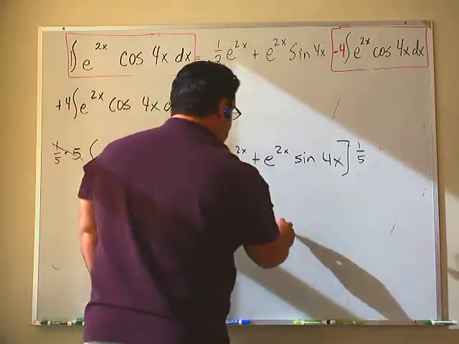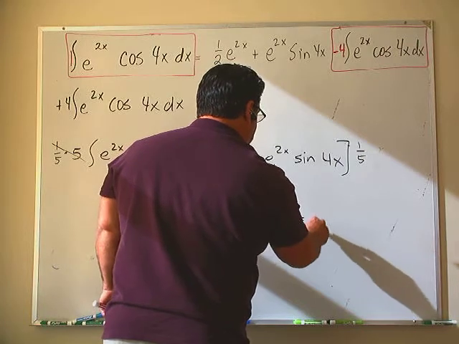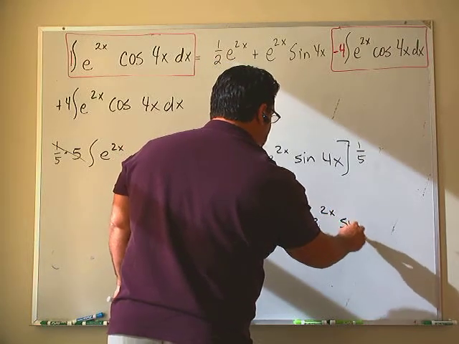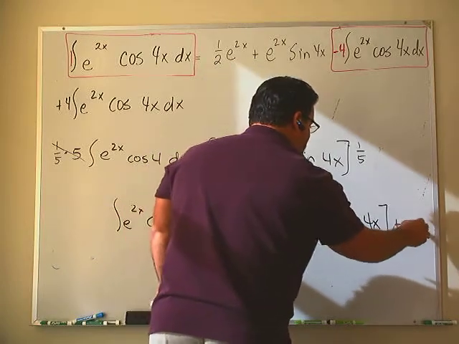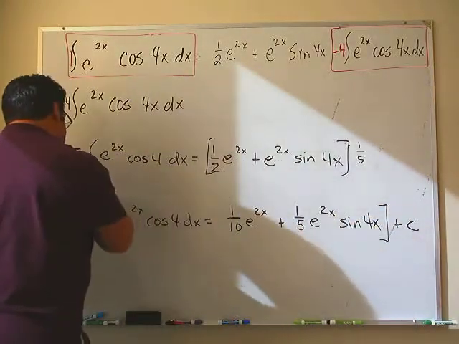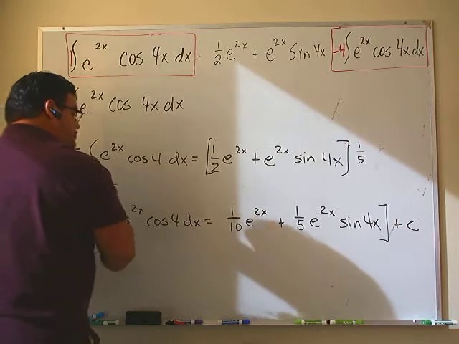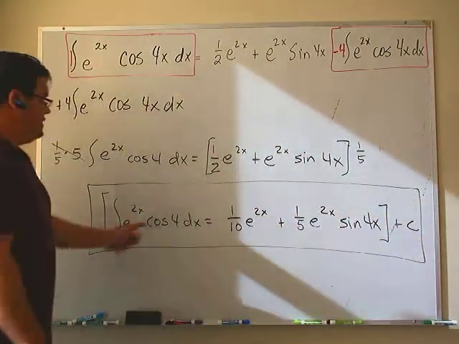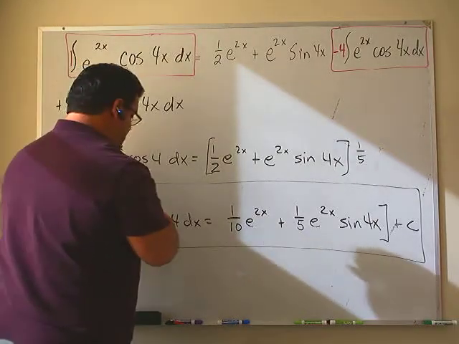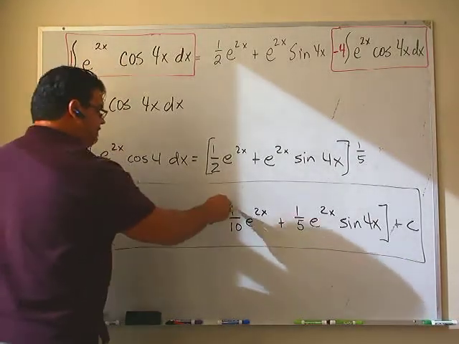And you get the antiderivative of e to the 2x cosine of 4x dx is equal to 1/10 e to the 2x plus 1/5 e to the 2x sine of 4x, and all of that is plus c.